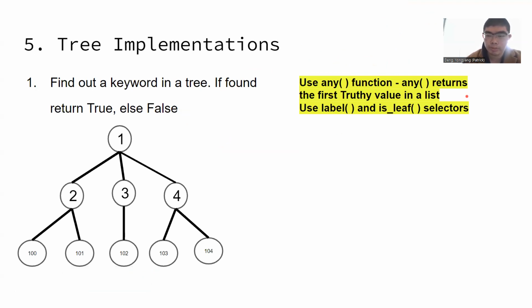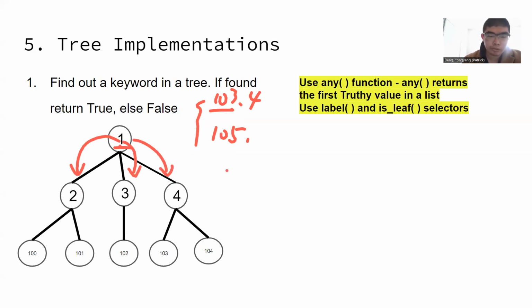Use label and is_leaf as selectors, to travel through 103, 4, and 105. We will use recursion. Every time you compare the value with the label of the tree, that is, compare the root. If it's not equal, you jump to other branches.